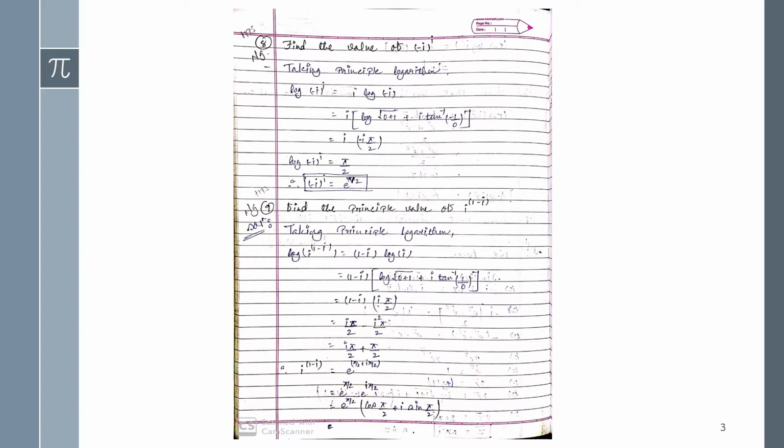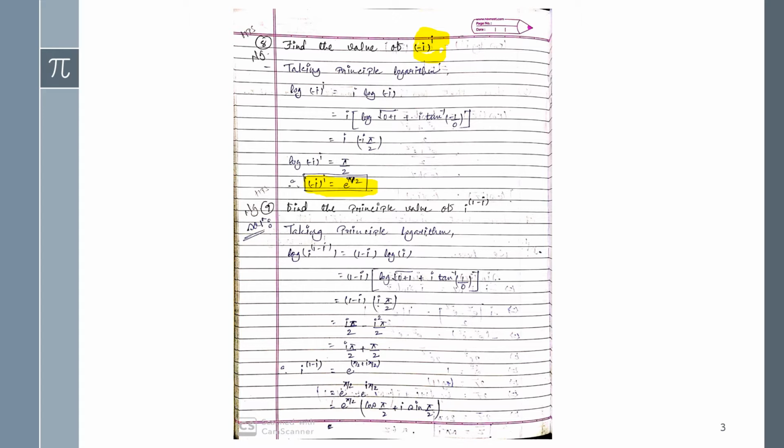So I will not simplify every term. After the simplification, you will get this, and here, as you all know, you just have to make the subject of this function, that is, (-i) raised to i. So at the last step you have to remove the log function, right? So removing log you will get e raised to pi by 2. So this one is a very easy example.